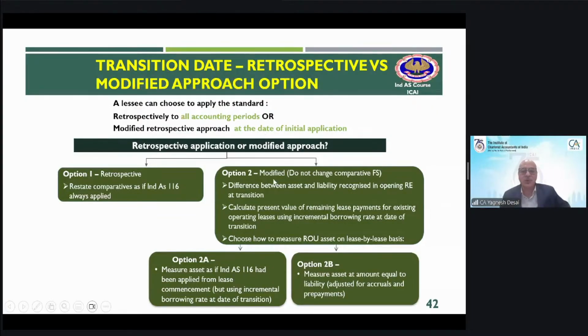In case of option 2, you do the calculation, but you do not restate the comparatives. In case of option 2B, again, you do not restate the comparatives. It's from year 1. But here, it's very ultra simple. Whatever, you do the calculation retrospectively, but you don't account for it retrospectively.